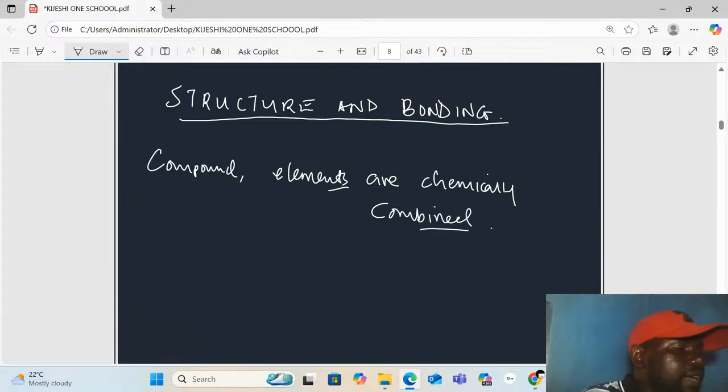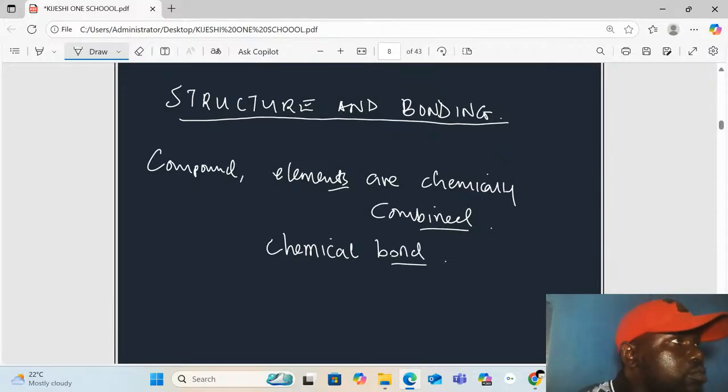And the moment they are chemically combined, then we have a mutual force of attraction, which is called a chemical bond.